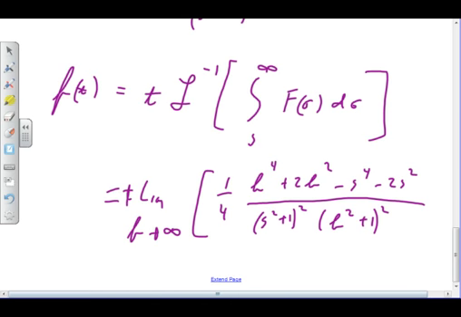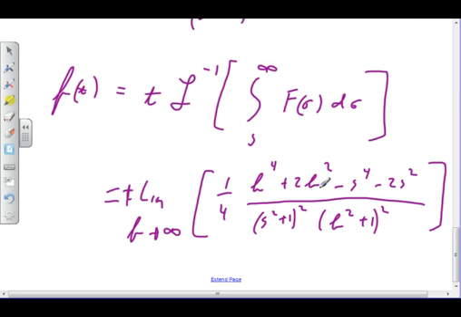All right, so what are we going to do? b goes to infinity. We have a b to the fourth up here. We have a b to the fourth down there, right? And we have a b squared down here, and we have a b squared down there.